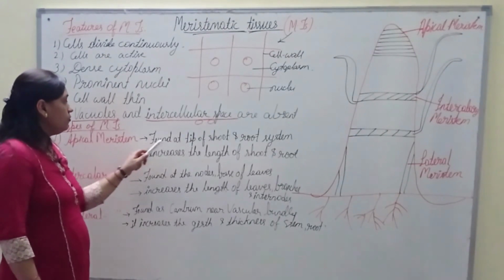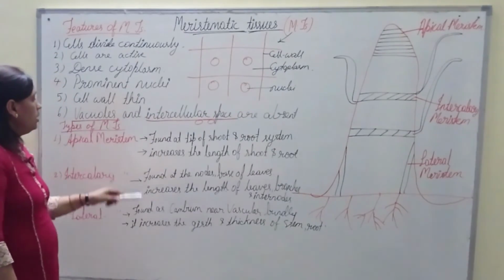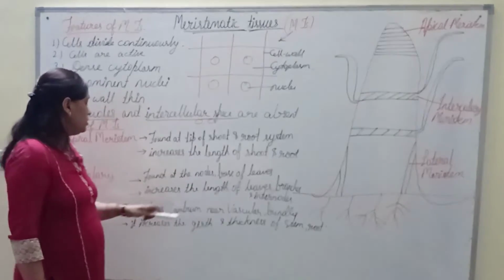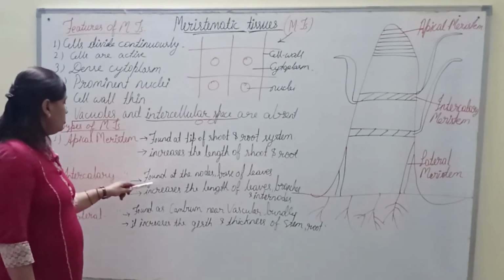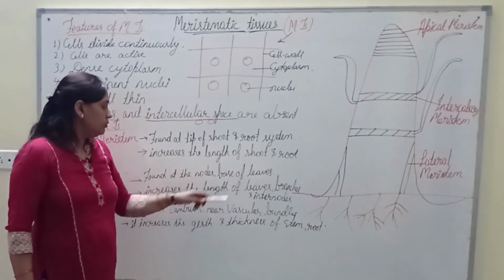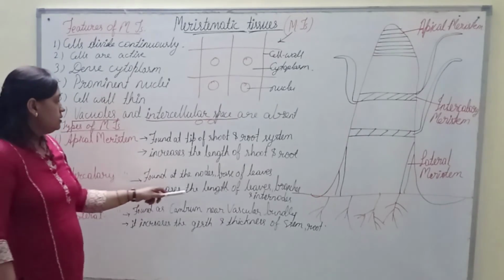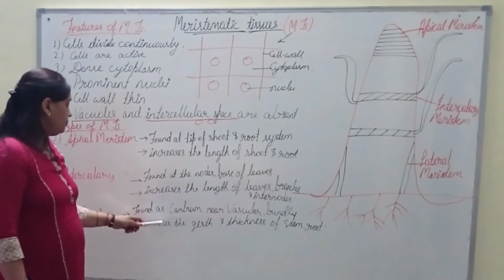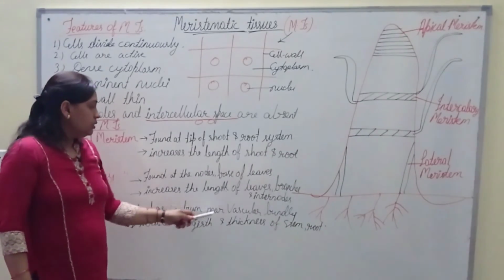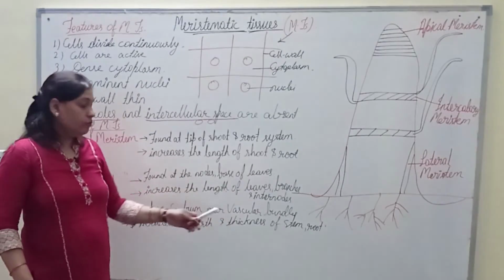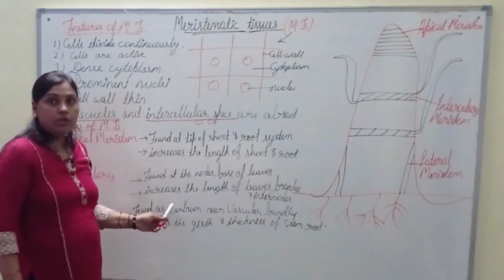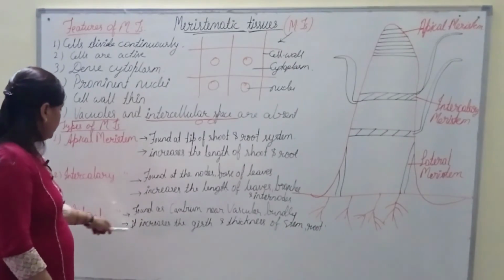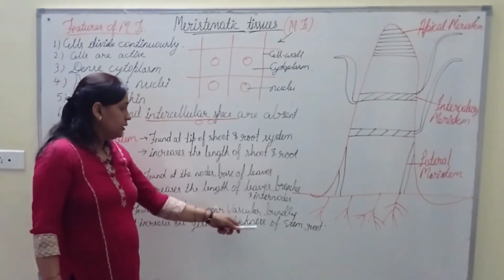Apical meristems are found at the tip of shoot and root and increase their length, while intercalary meristems are found at the nodes and base of leaves, and increase the length of leaves, branches and internodes. Lateral meristems are found as cambium near vascular bundles, also in the form of cork cambium, beneath the bark of the tree, and increase the girth and thickness of stem and root.